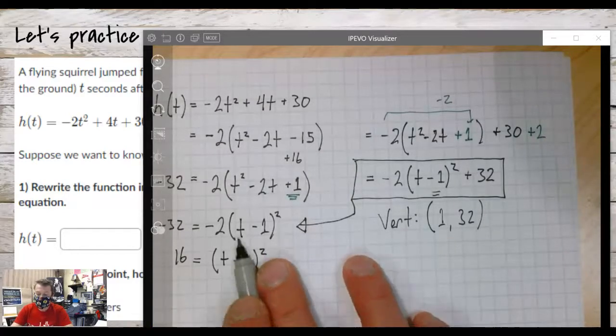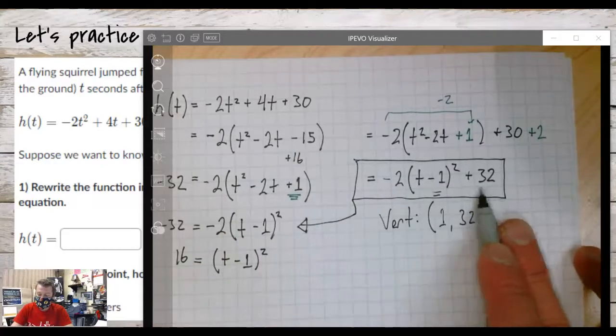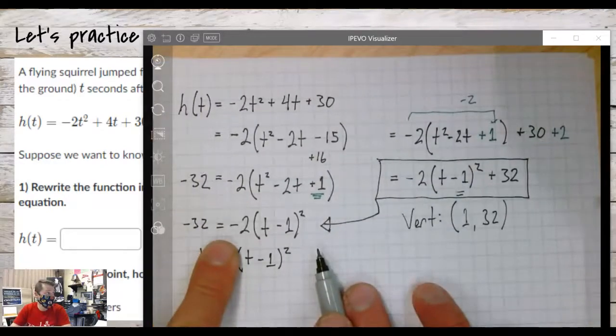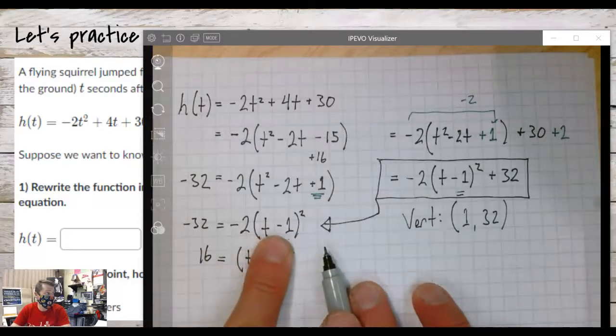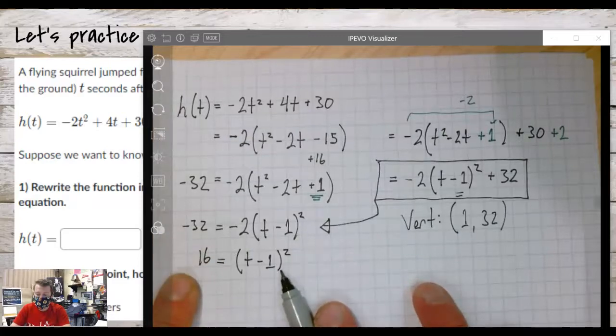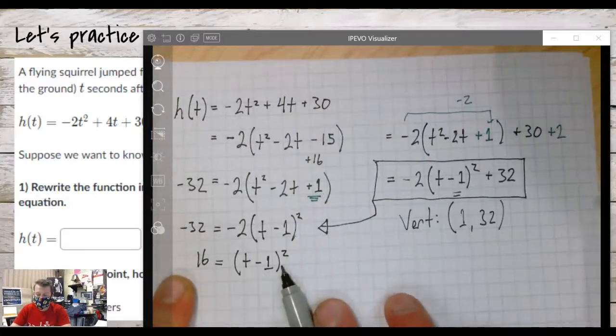Right, so exactly what Kaylin did, get rid of the 32 on this side, so we subtract it from both sides, and we get negative 32 equals negative 2 times t minus 1 squared. We divide both sides by negative 2, and then we get 16 equals t minus 1 squared.